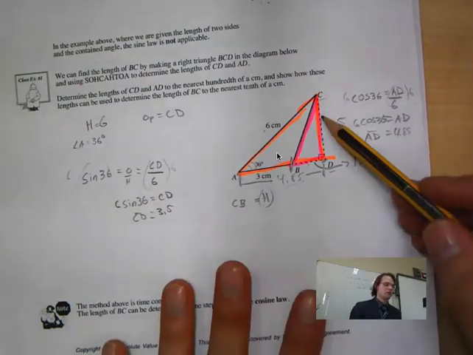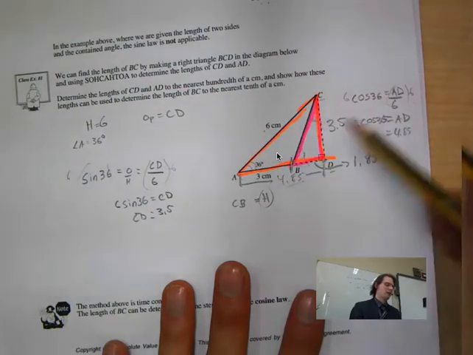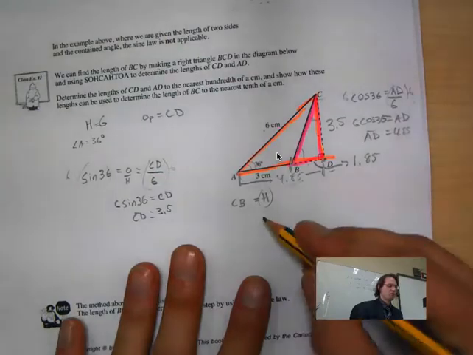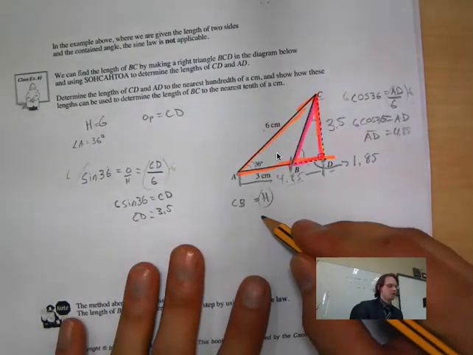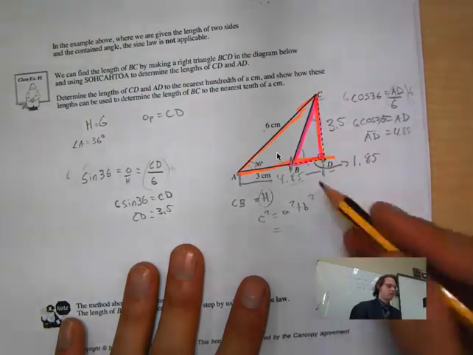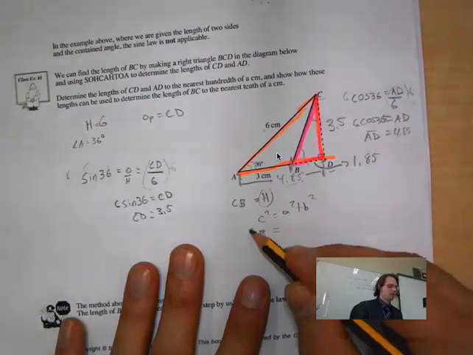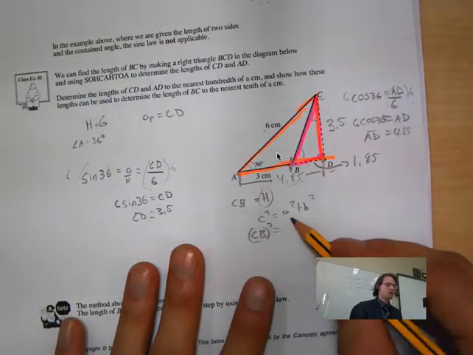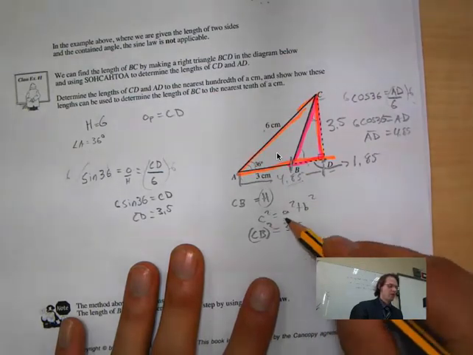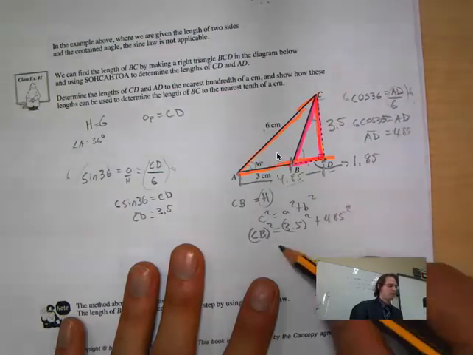So I could either do a sine ratio and find an angle there, or I could use the Pythagorean theorem. I'm going to use the Pythagorean theorem today. So I'm going to have c squared is equal to a squared plus b squared. Well, my hypotenuse is what I'm trying to find out, that's CB, is equal to 3.5 squared plus 4.85 squared.